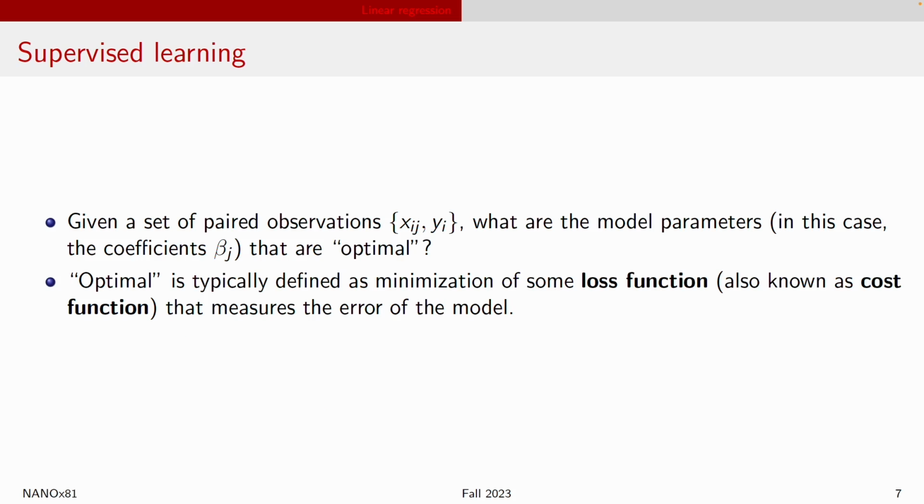Now, a linear model, as I showed you, is an example of what is called a supervised machine learning model. You may have heard of the terms supervised and unsupervised machine learning models. What is a supervised machine learning model?